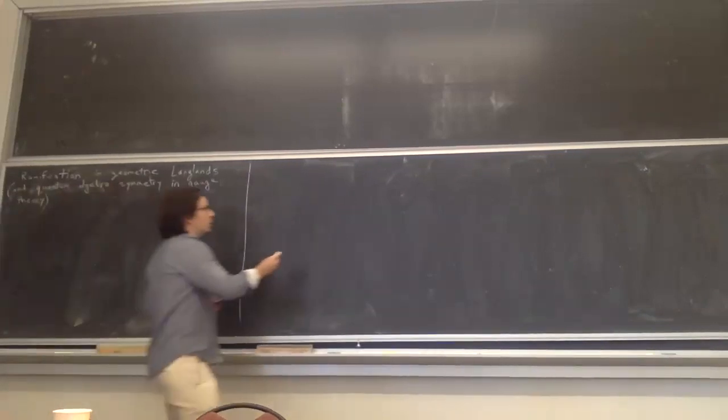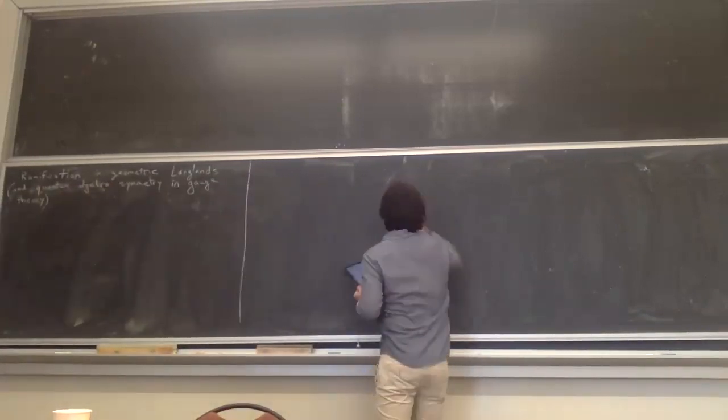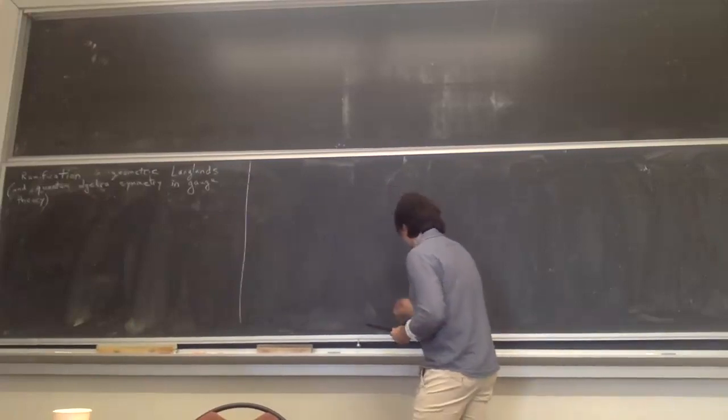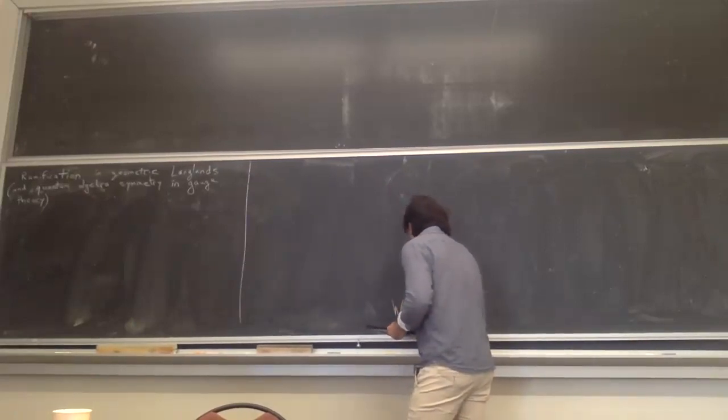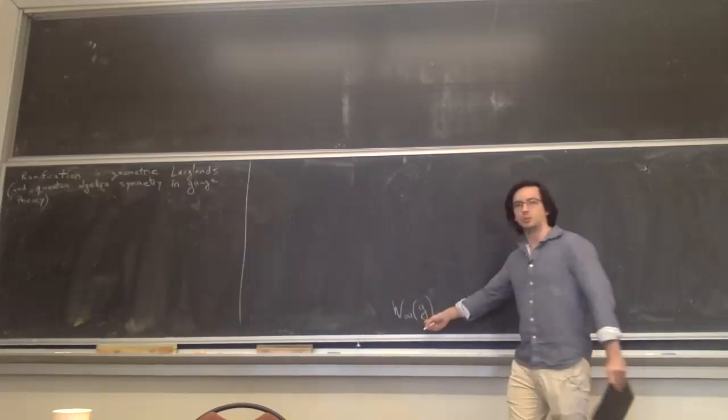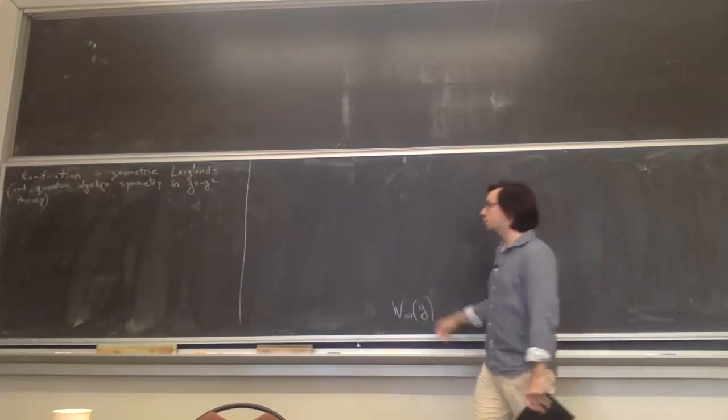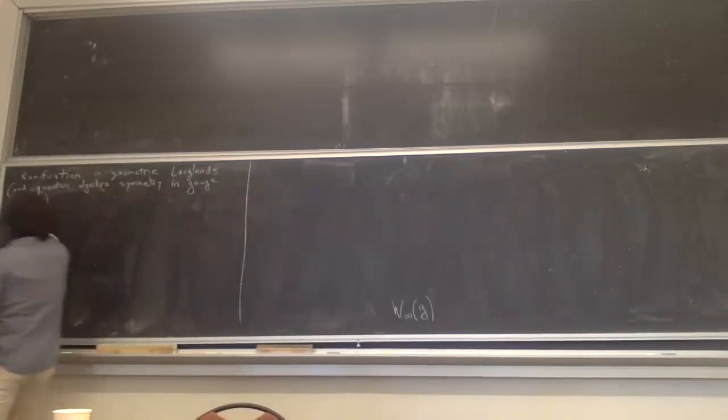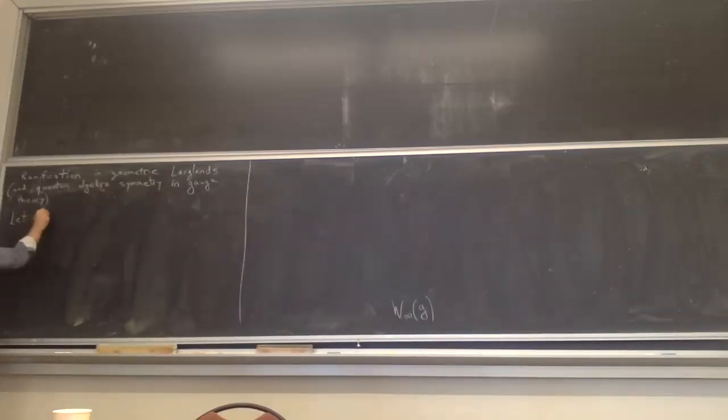If you want, in its earliest version, I'll start at the bottom, you have something called the classical W-algebra, which is labeled by a simple Lie algebra G. So let G be simple.